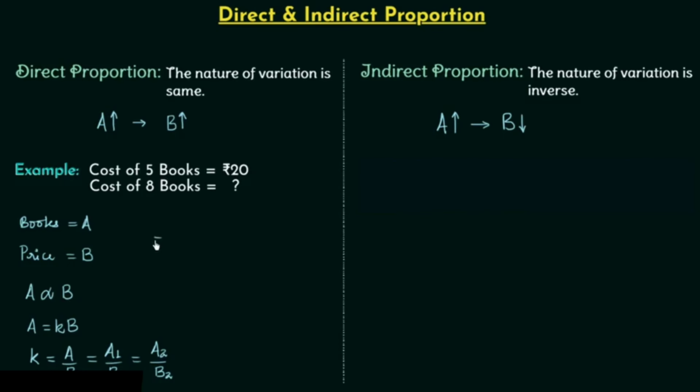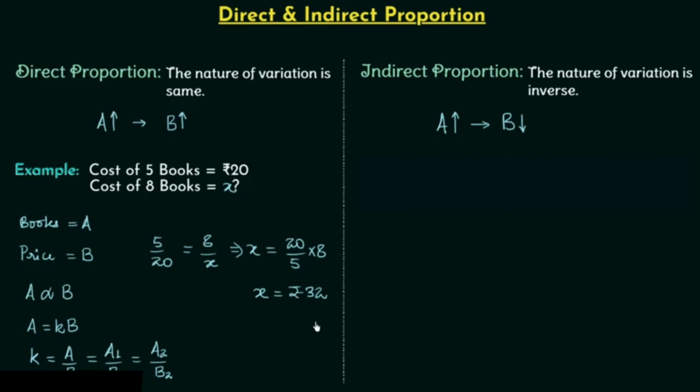Let's say the price we need to find is equal to X. So we will have 5 divided by 20 equal to 8 divided by X. From here X will be equal to 20 divided by 5 multiplied by 8. 20 divided by 5 is equal to 4. 4 multiplied by 8 will give you the answer as 32 rupees. So 8 books will cost you 32 rupees.